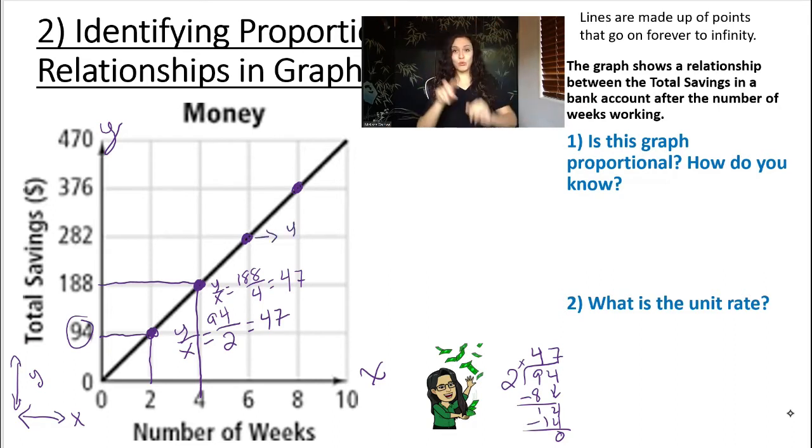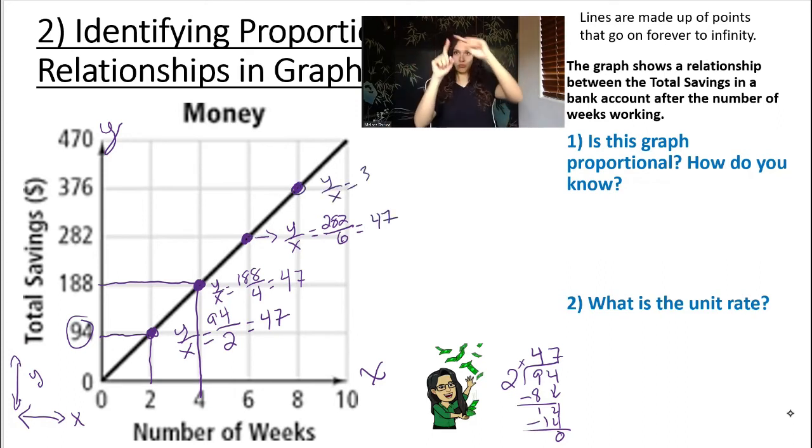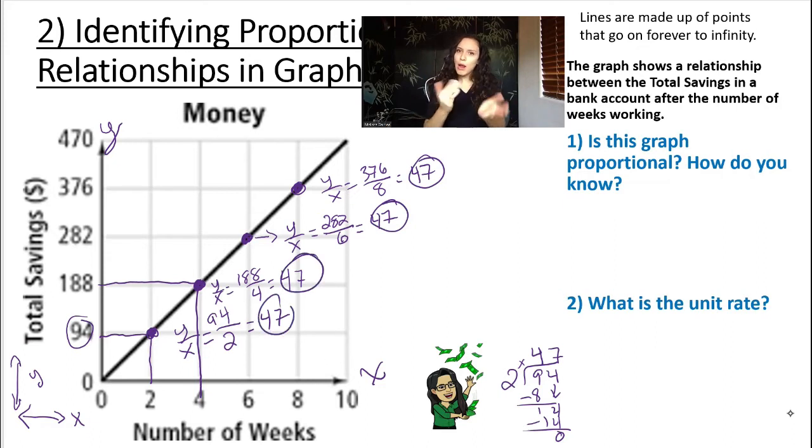That's going to be y over x equals 282 over 6. And that will also get me my 47. If I do y over x here and do 376 over 8, I also get 47. So it's the same number over and over again. So yes, this graph is proportional.